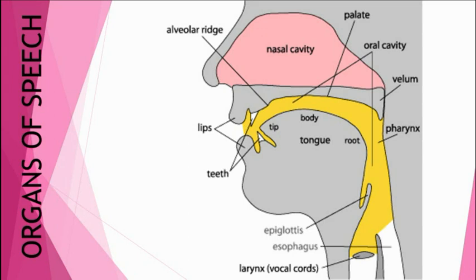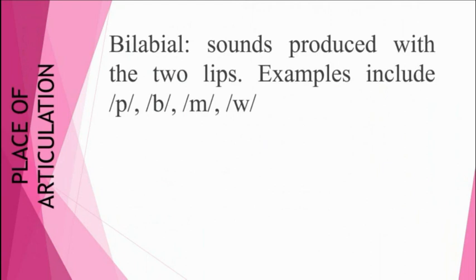But in particular, we are discussing this in relation to English sounds. So we'll go back to place of articulation, and then we'll talk about each category we have under place of articulation. The first one we have here is the bilabial sounds. So what is bilabial? From the word bilabial, we can derive two words.